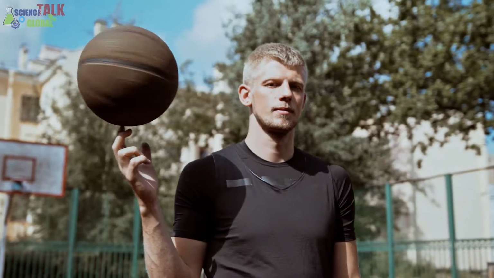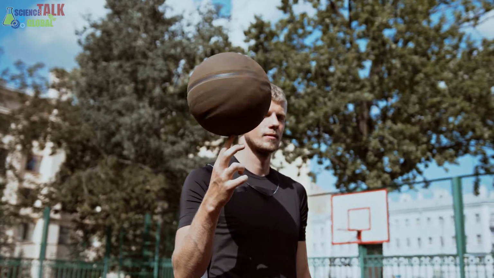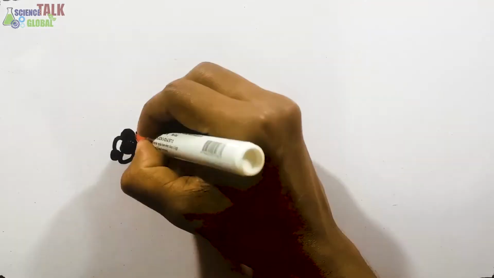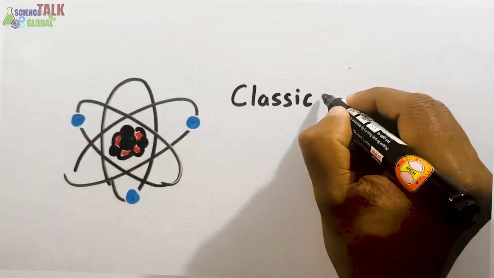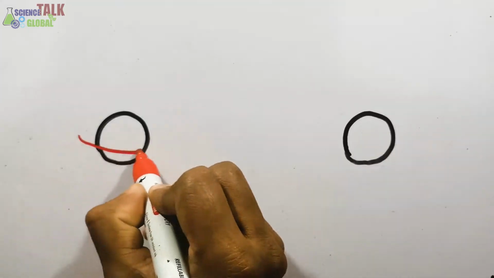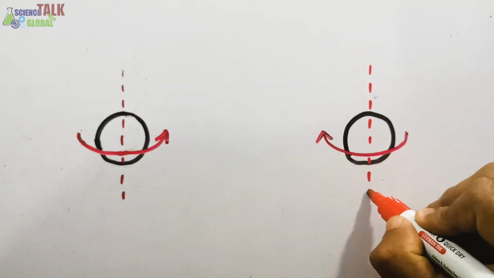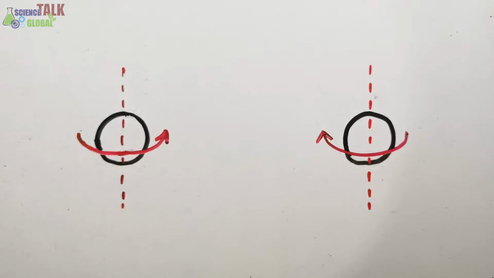The spin of this quantum particle cannot be compared to the spin of a ball seen with the naked eye. Classical physics breaks down at the subatomic particle level. Quantum physics is valid here. So, an electron has an angular momentum. If we measure it in a certain direction, we can measure an angular momentum in one of two directions, either the direction in which we measure the angular momentum or the opposite direction.